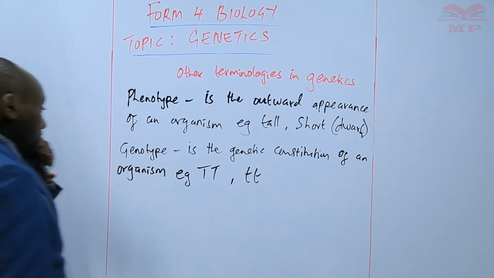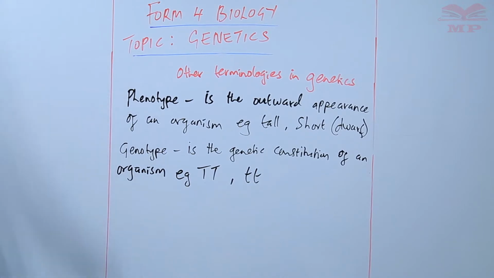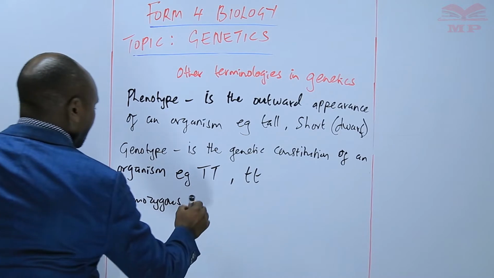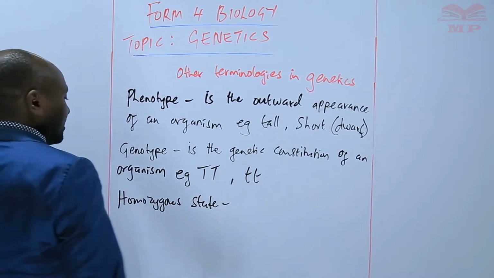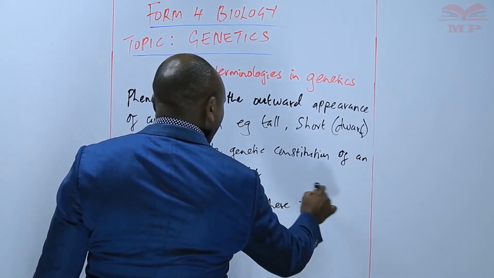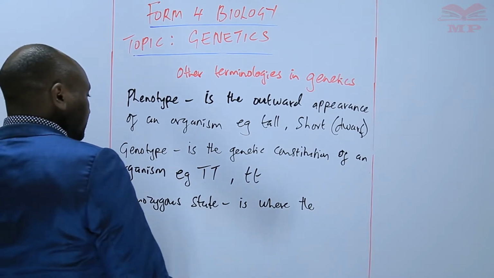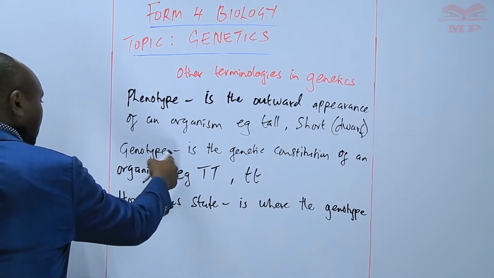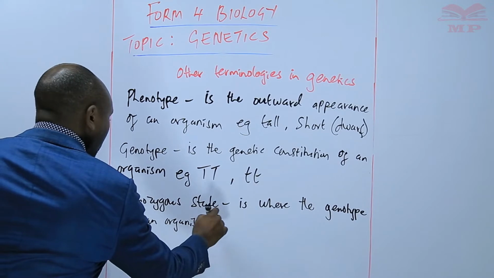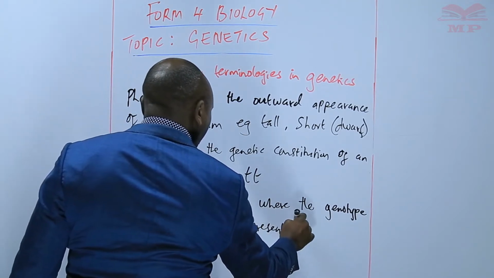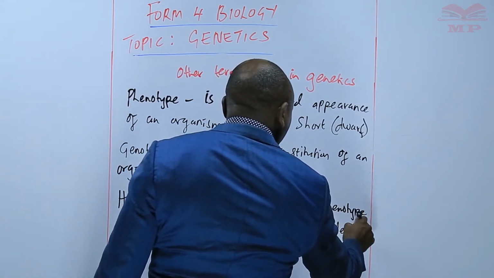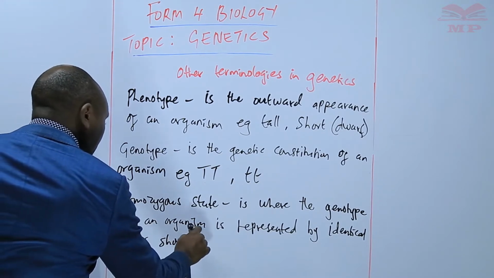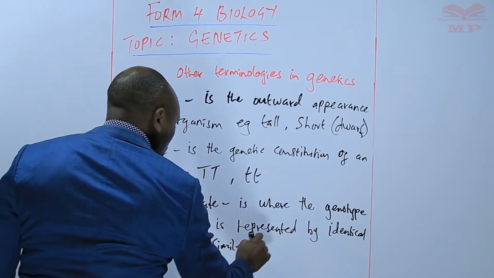Then another term that we need to explain is the homozygous state, and this is where the genotype of an organism is represented by identical letters showing similar genes.